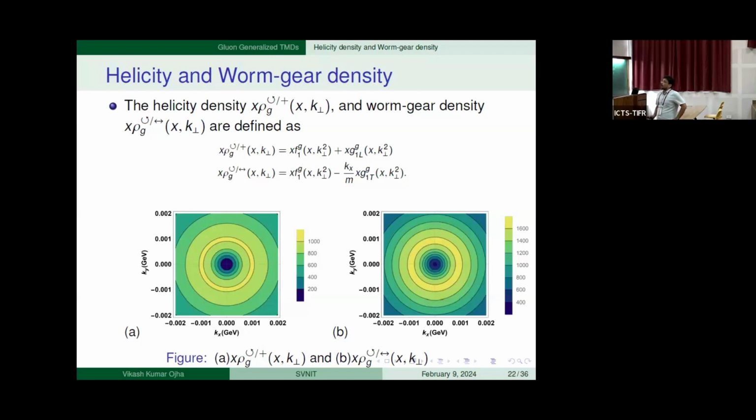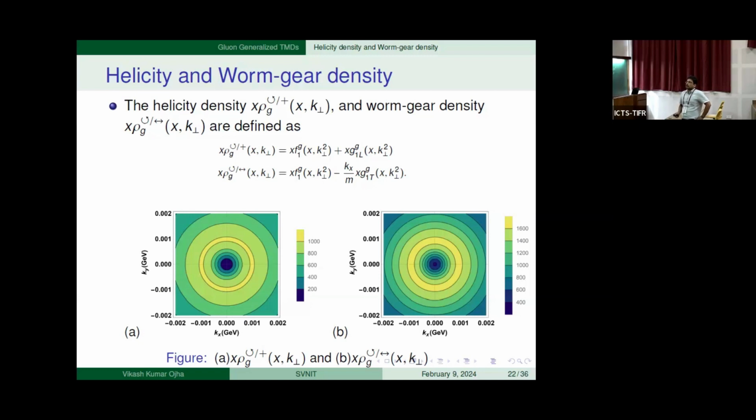Now we have something called the helicity and worm-gear densities. These two densities are defined in such a way using various combinations of the TMDs. We can interpret the helicity density rho g as the probability density of gluons inside a target with a given momentum x and k-perp when the target is longitudinally polarized.